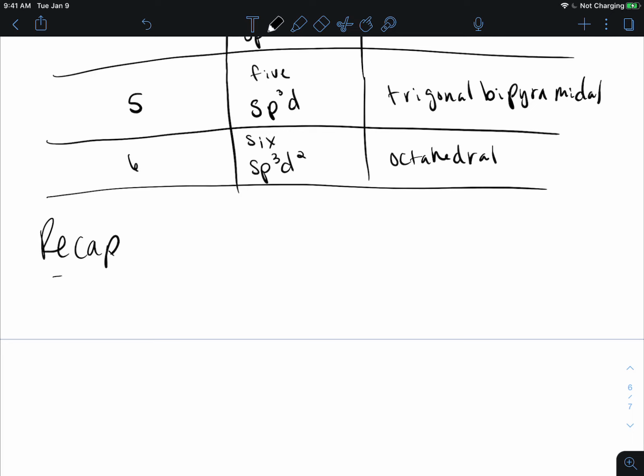First let's look at what's going on. In an atom, all of the orbitals around it that are bonding with other atoms in a normal bonding method are going to be the same energy, or they need to be the same energy. We can't have one CH bond, the orbital there, having a significantly different energy than another orbital making a CH bond. So we want those orbitals around our atom to have the same energies.